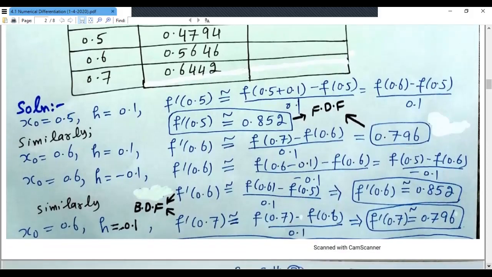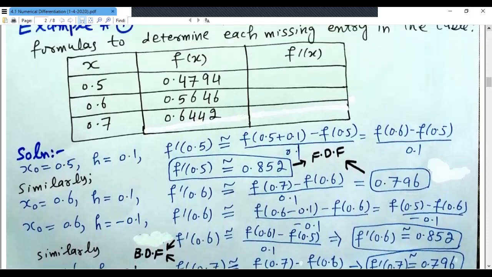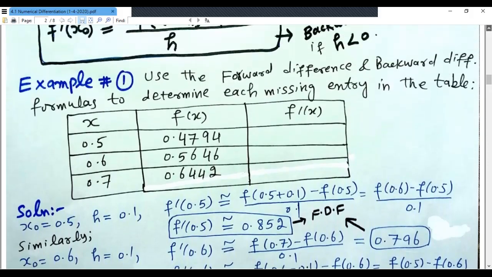So to find the derivative of the function at 0.5, let us denote x naught equal to 0.5. Denote 0.5 by x naught, and 0.1 is equal to h. So use these values in the above formula.